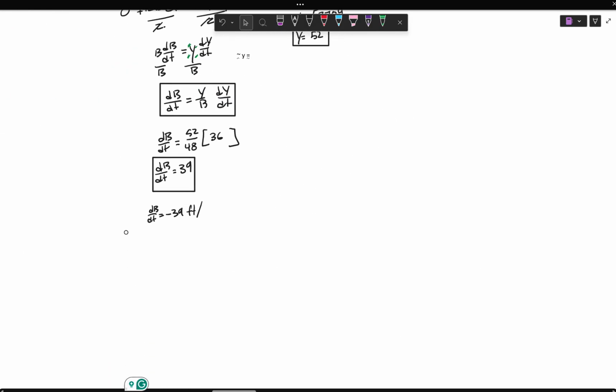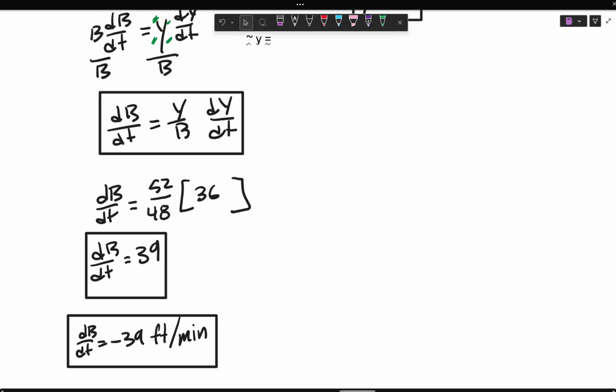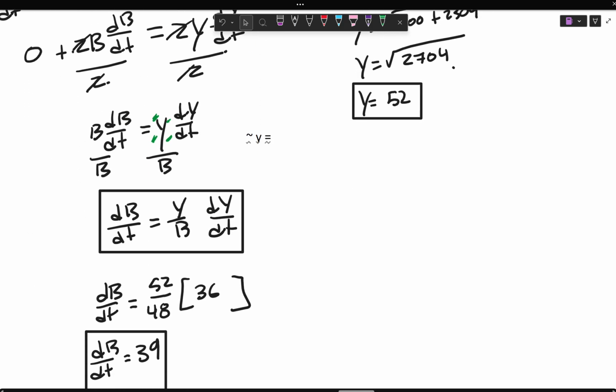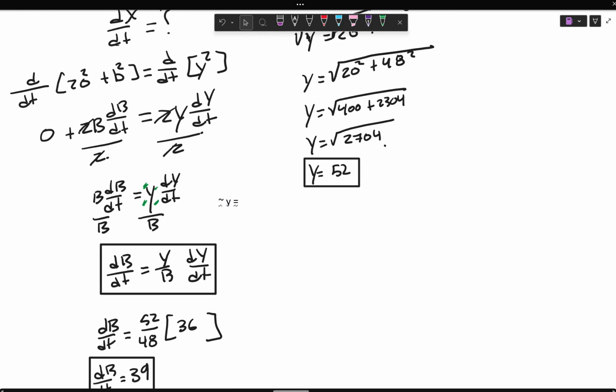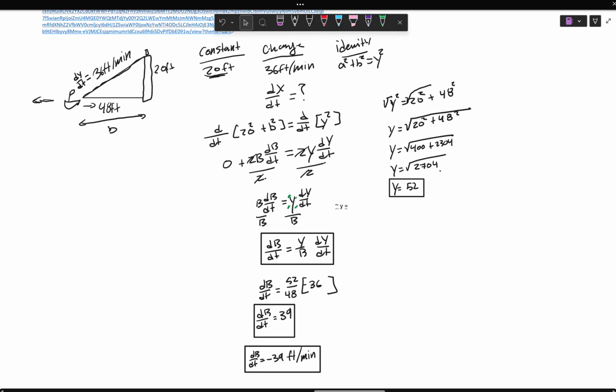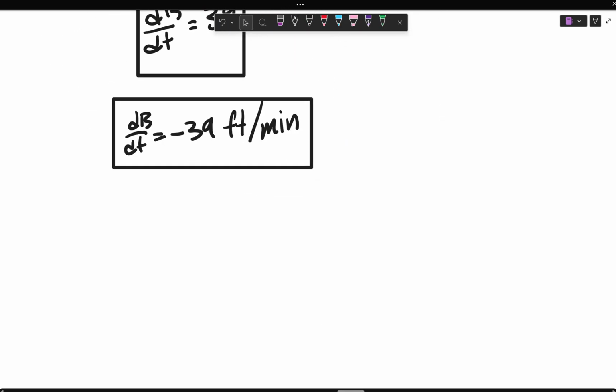I think it's per minute. And if you wonder how I got the negative, our speed should be negative here, because we're pulling the boat inward. Boom. So that is our answer for the question.